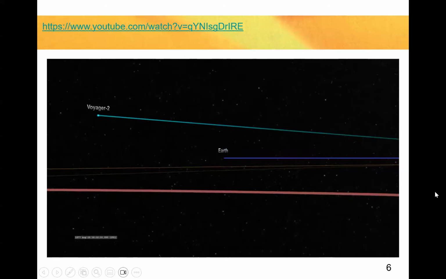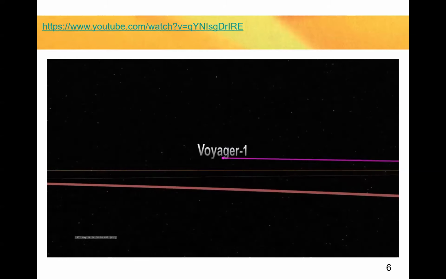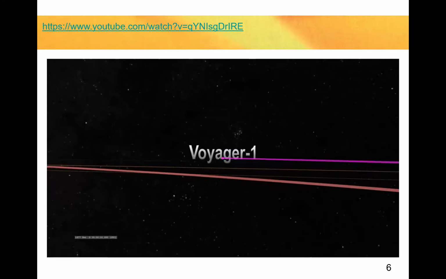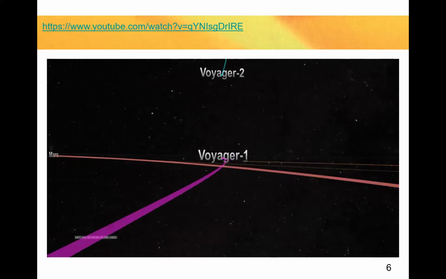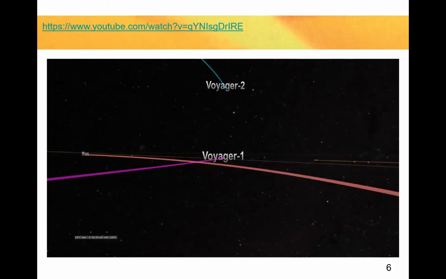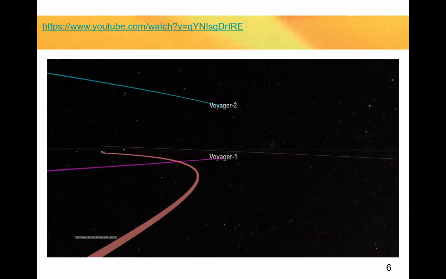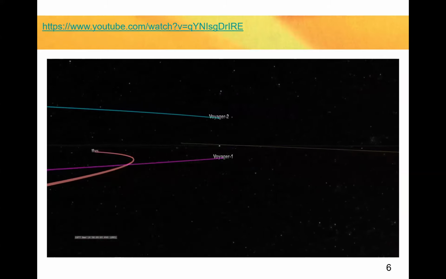So Earth, Voyager 2 takes off. And Voyager 1 takes off. So they're a month away from each other, right? Launch dates. Actually, less than that.